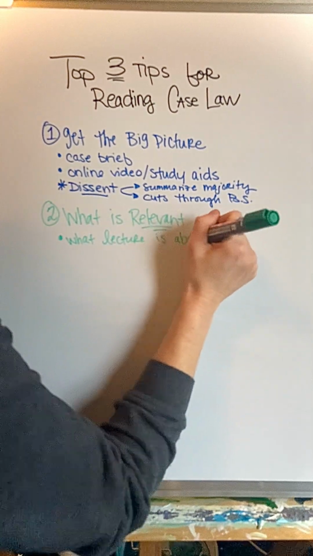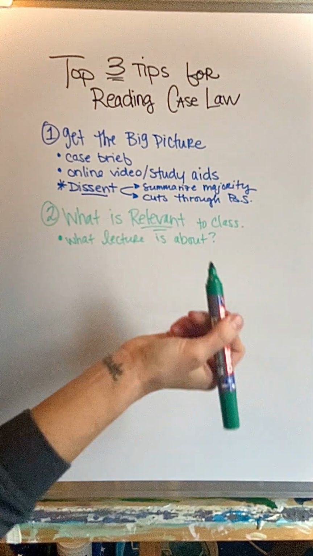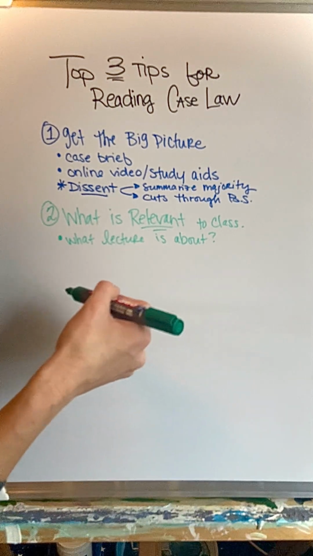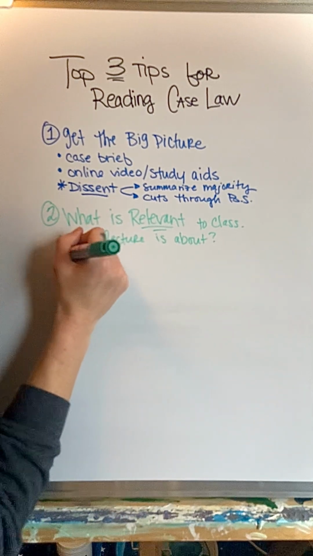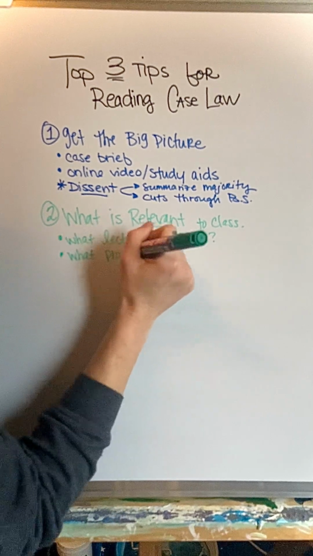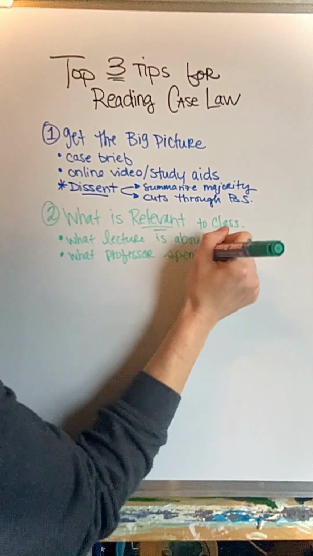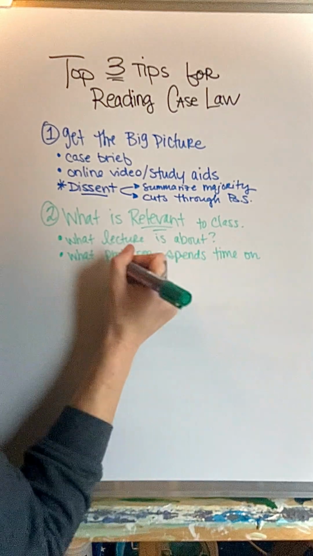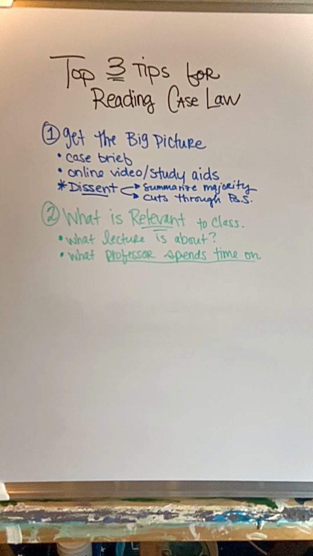And I know that sounds kind of obvious, but you will get cases that are covering multiple areas of law, and not all of them will be relevant to what you are learning in class. And that's okay. So just pay attention to that and really focus on what your professor spends time on, because that is likely going to be on the exam. What your professor is interested in is very relevant to you.